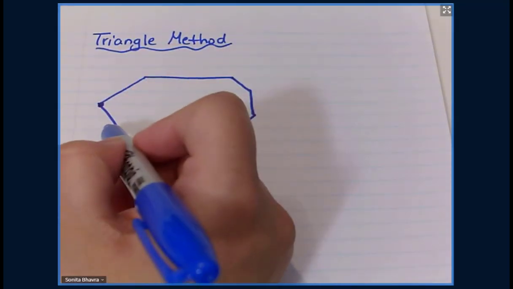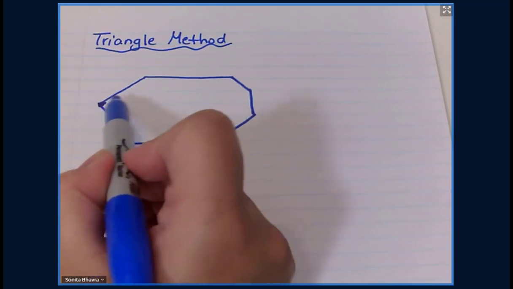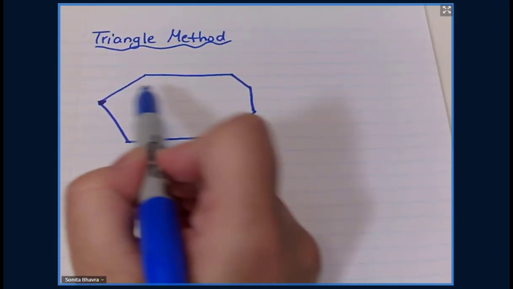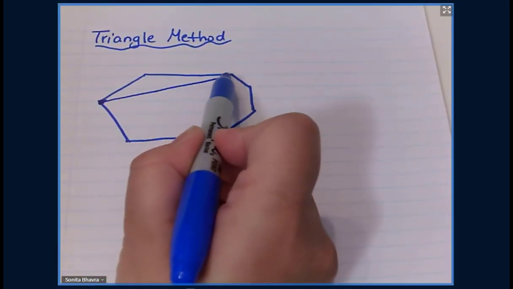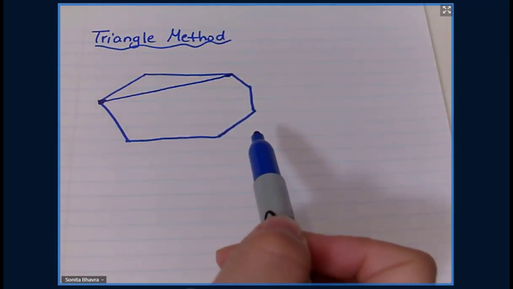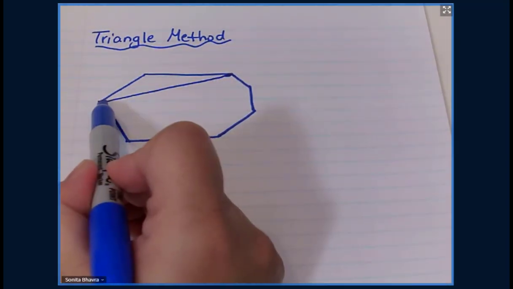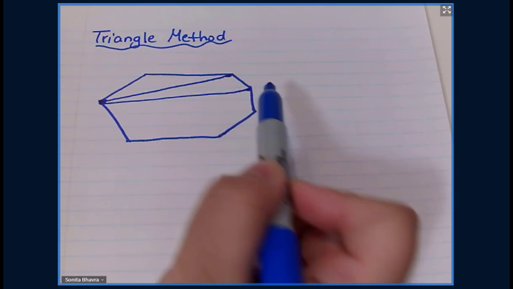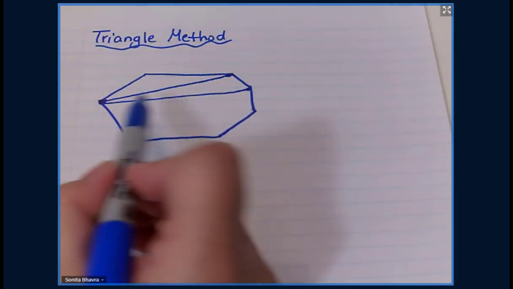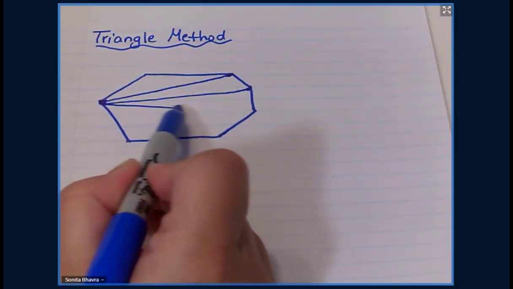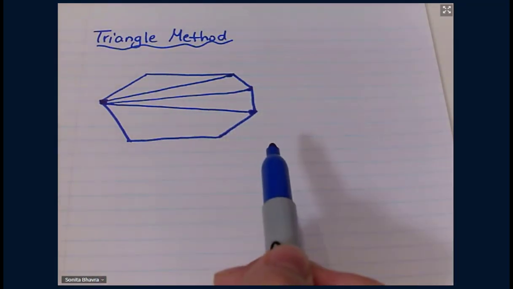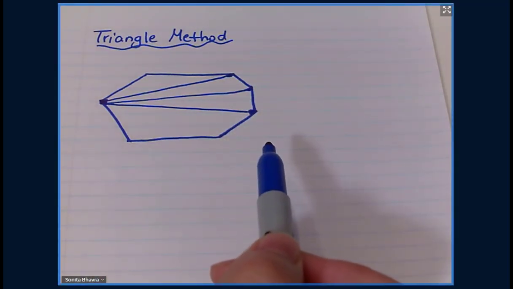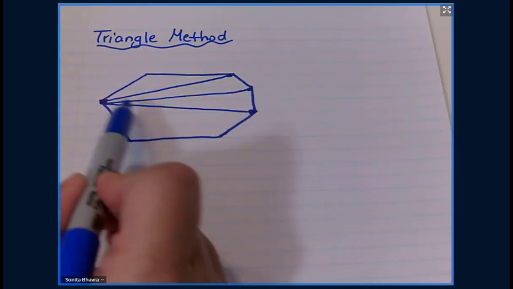So once you draw your triangles, we're going to go from this vertex, and I'm going to draw it up to this vertex. That makes one triangle. Then I'm going to go to the next vertex. That makes 2 triangles. And then 3 triangles.